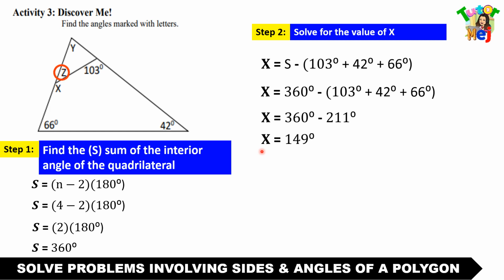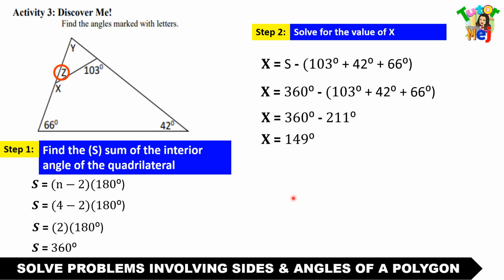Yan. Ngayon, sunod natin yung z. Take note ha, kasi si z ay adjacent angle ni x, kaya madali na natin itong makuha. Dahil ito ay magiging straight. So, ibig sabihin, pag straight yan, magkakaroon tayo ng straight angle, or etong x at z ay magiging supplementary angles. Okay?